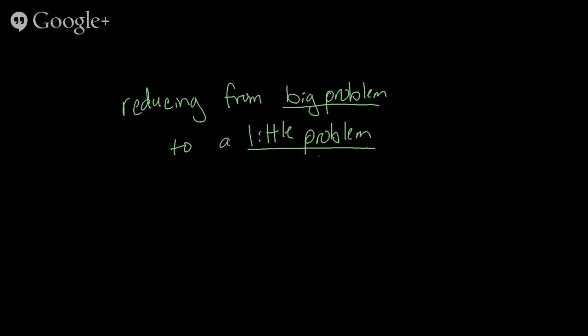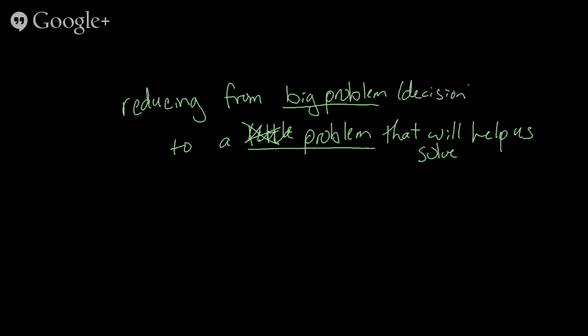And in these, it's a little bit harder to see that the problem that we're reducing to, which is our little problem, is actually smaller or more simple than our big problem, because in both number 5 and number 6, both problems are somewhat complicated. But what may help you to remember is to think about this not necessarily as a smaller or simpler problem, but a problem that will help us solve or decide the big problem, because the big problem is just going to be a decision problem.